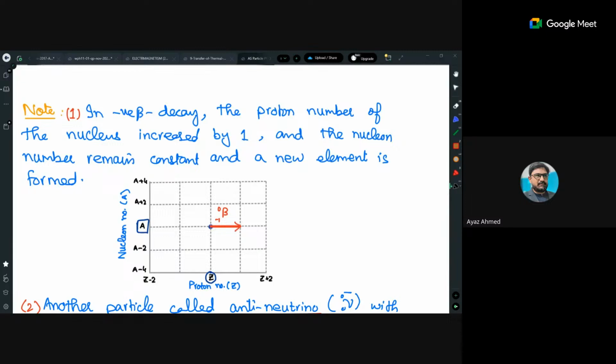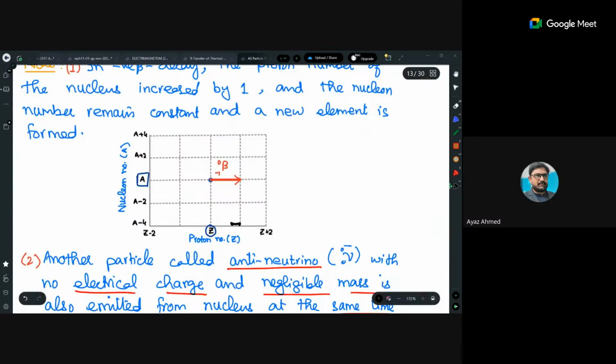Here, if it is Z, it is Z plus 1. If it is A, this is again A. There is no change at all. Clear?